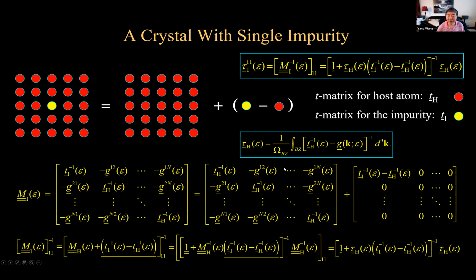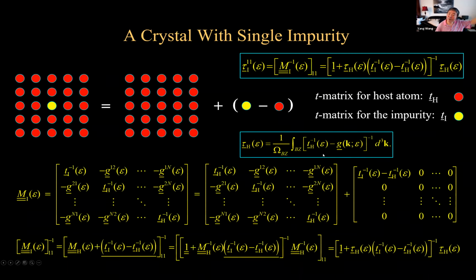All right. And by the way, tau host is the tau matrix for the M matrix inverse, where the whole thing is the host atoms. It's a periodic system, for a pure crystal, right? The tau matrix, as I showed you before, can be calculated using the k-space integration technique.